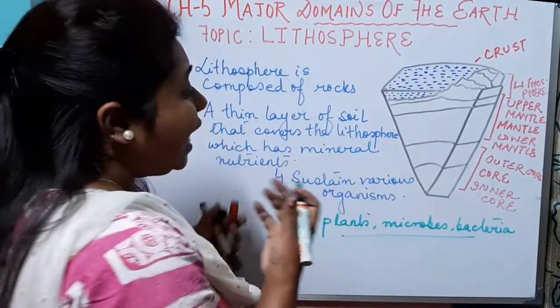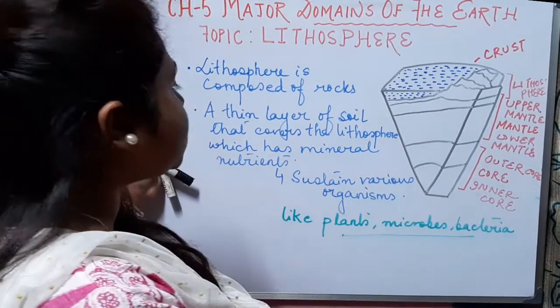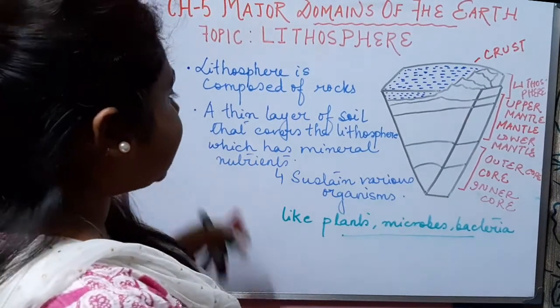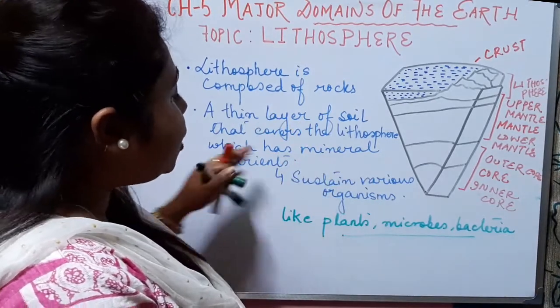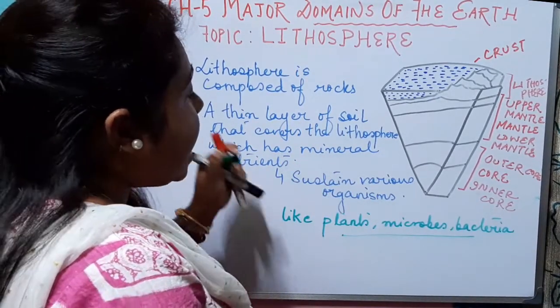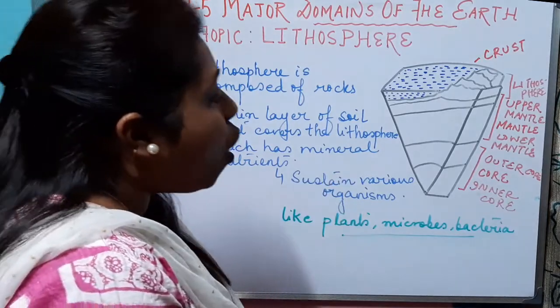All of them obtain their nutrients from where? From the soil. So we can say that a thin layer of soil that covers the lithosphere has mineral nutrients, and these nutrients help to sustain various organisms.